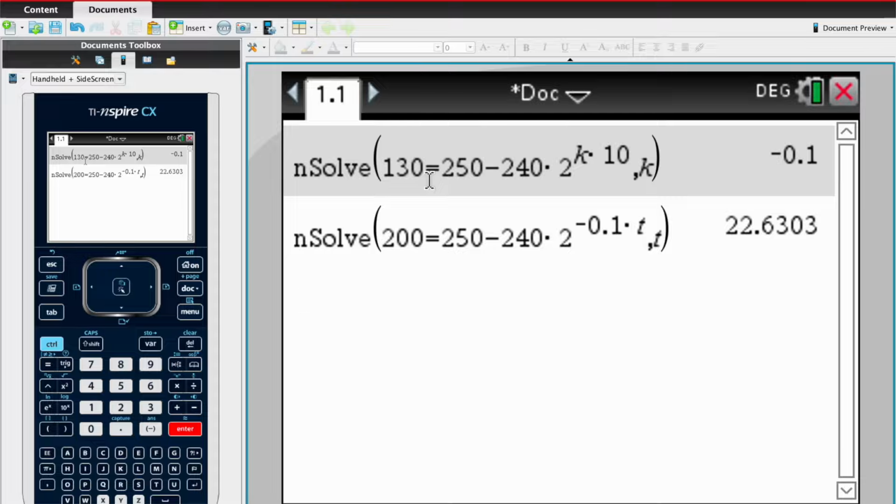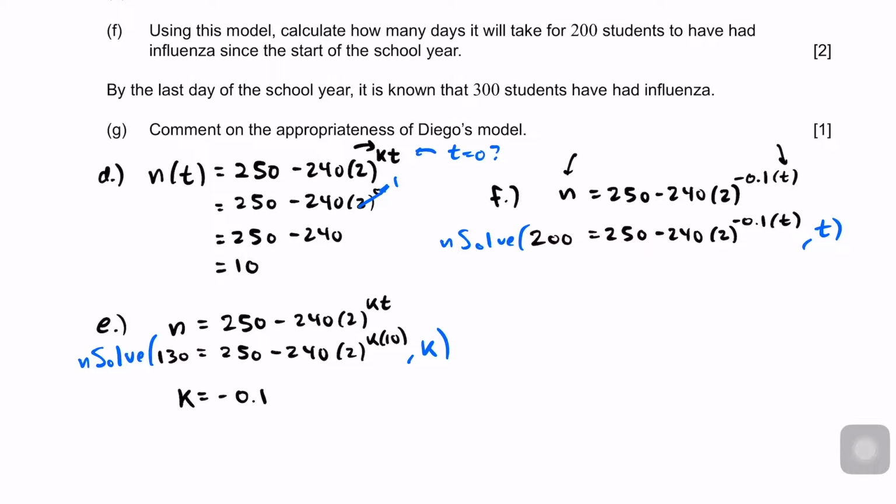22.63 days. Let's go back to the document for a sec. t is equal to 22.63. So when we write it to 3 significant figures, 3 sig figs would be 22.6. Just looking at the mark scheme here, there's no requirement to round up.